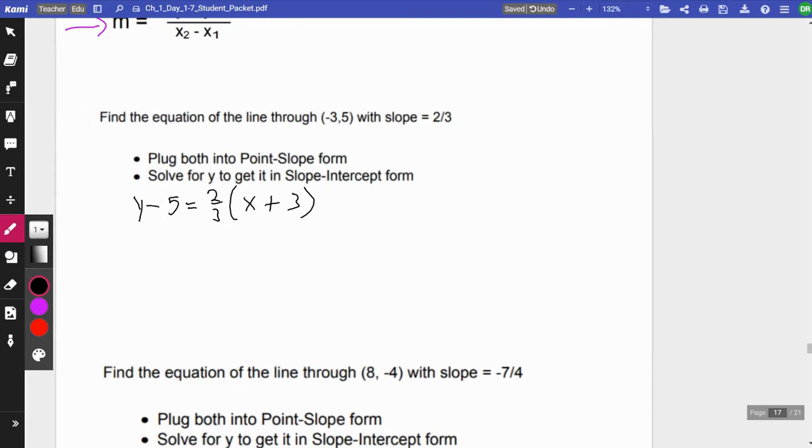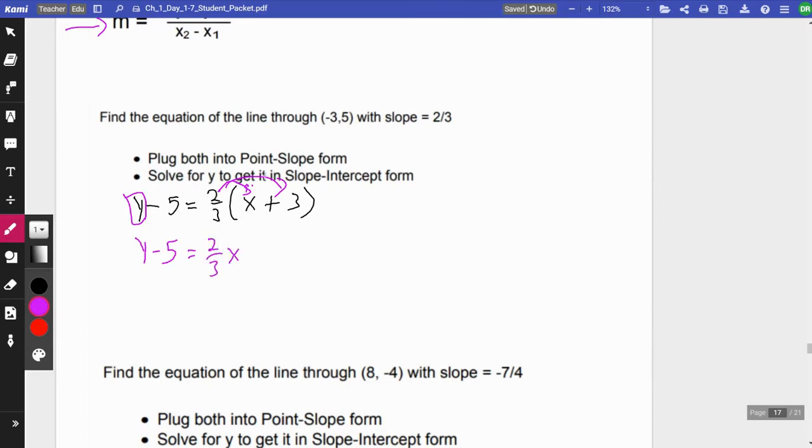If you wanted to get it into slope intercept form, we basically just need to solve for y. So we need to get that by itself. We should also simplify this side, so I'm going to start doing that first. You have y minus 5 still, and then 2/3 times x is 2/3 x.